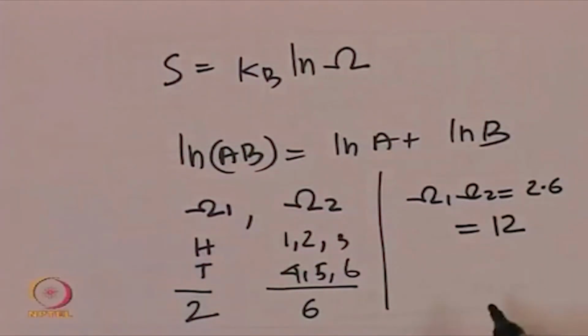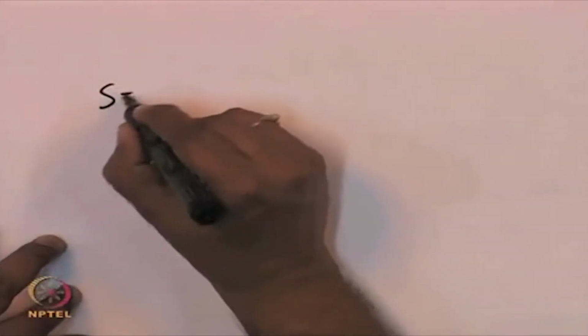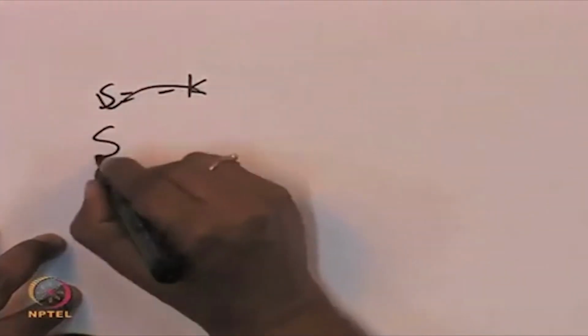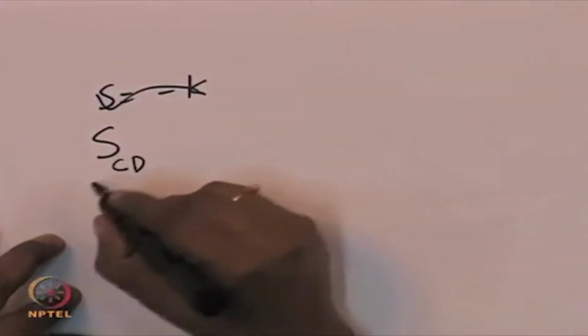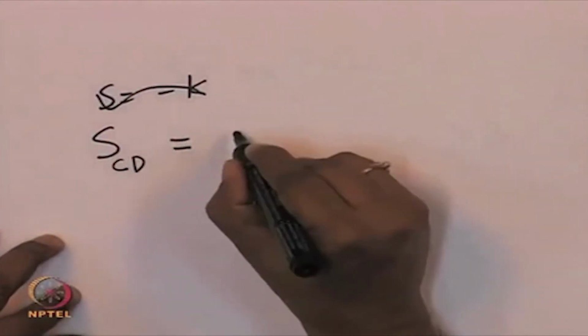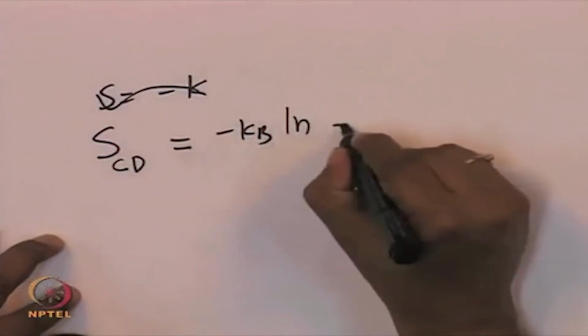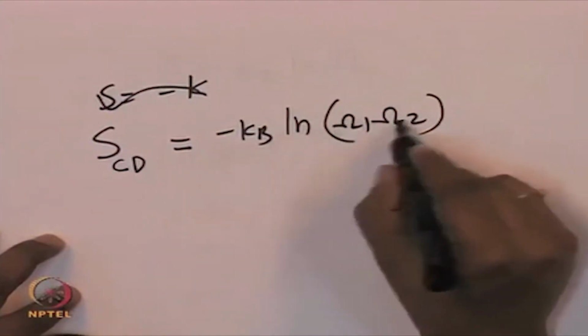Now, the total entropy of this system together will be the sum of these entropies. So, S of the coin and die, let me write, is k_B log omega 1 omega 2. This is 2 into 6.